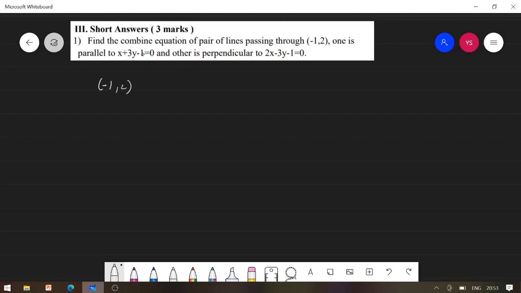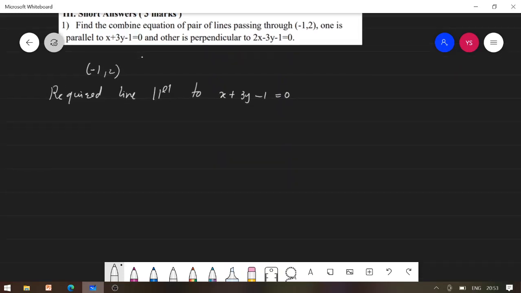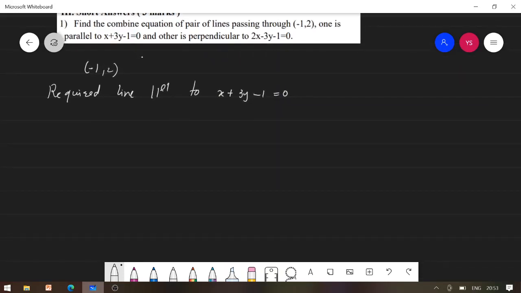So the required line is parallel to x + 3y - 1 = 0, whose slope is given by minus a by b, where a is the coefficient of variable x while b is the coefficient of variable y.